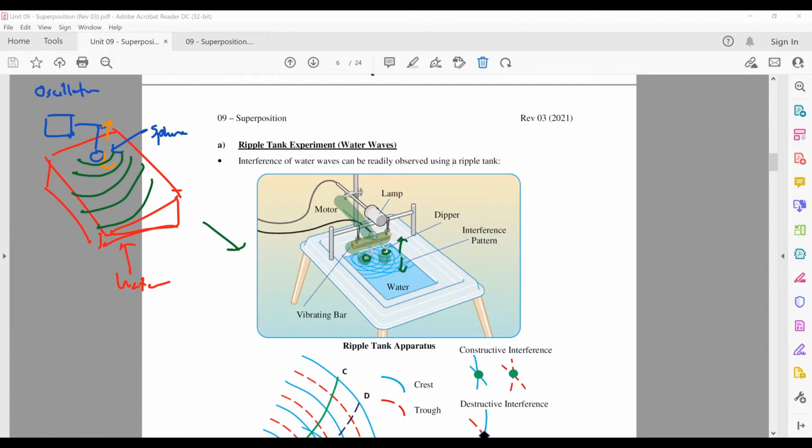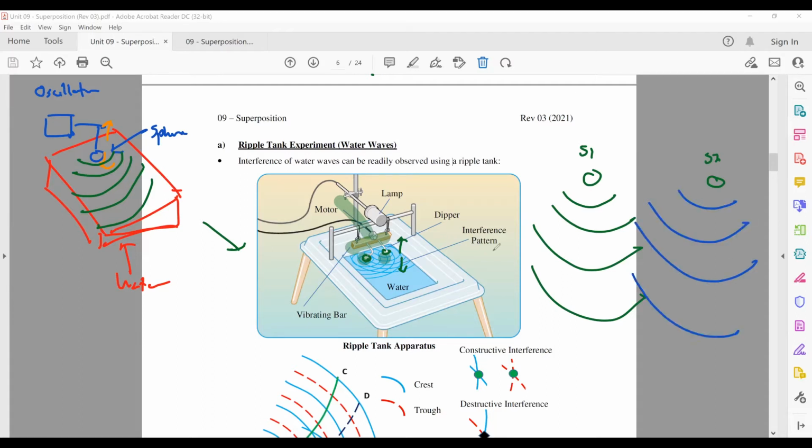So when the two dippers move up and down, each dipper or each sphere will generate its own water waves. If this is the first dipper, it will generate its own water waves like this. If you have the second dipper, it will generate its own water wave that looks like this.